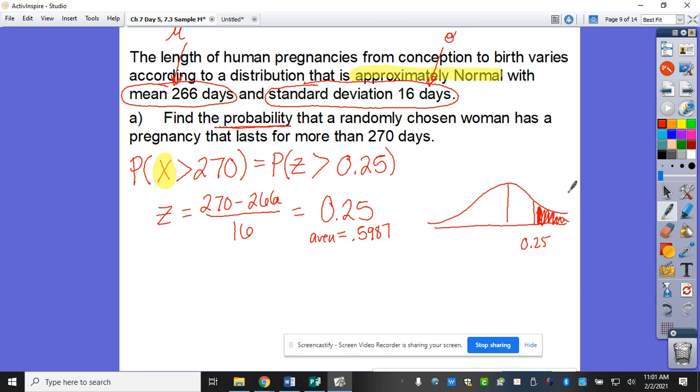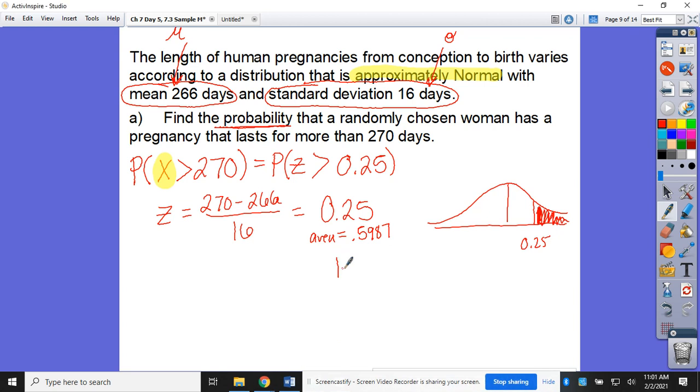I've shaded less than half, and that number is more than half. Remember, you're looking for stuff like that to catch your mistakes. So you're all right by telling me I was supposed to subtract from 1 because it's shaded to the right, and that gives me what? Did I write that right? 0.4013.